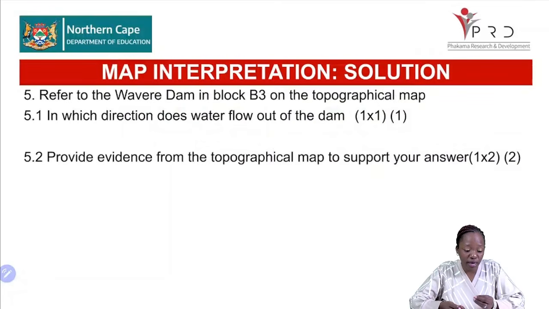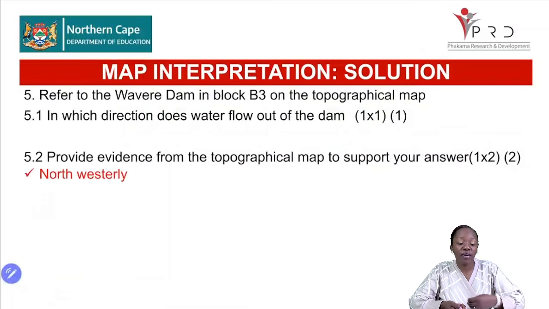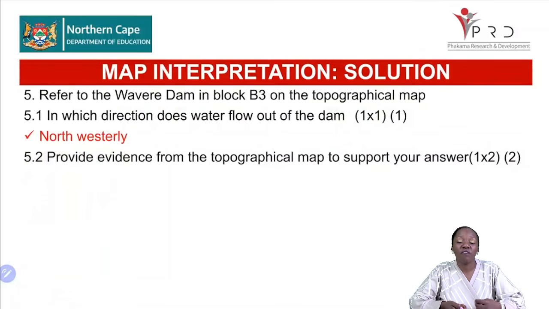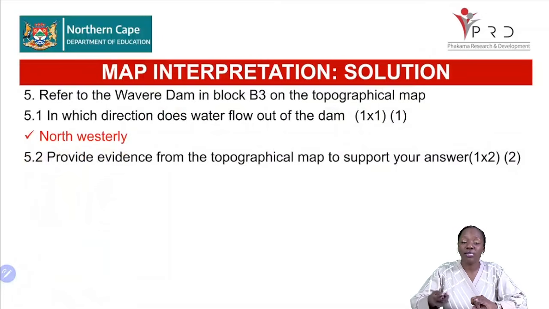Girls and boys, I hope we are still together. So your question 5.1, we're looking for the direction. As I've mentioned, for the direction, you look at the dam wall. What is the dam wall? It's that black line on the dam. So you're looking at the position. This is your dam wall on the side, and then this is your dam. So what you do, we simply locate your compass.